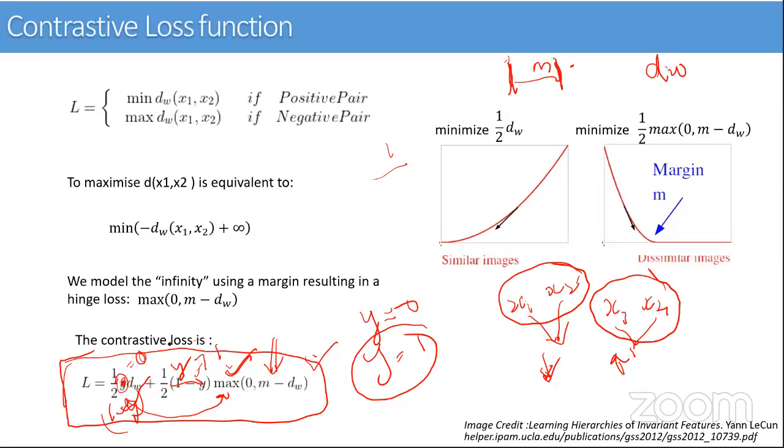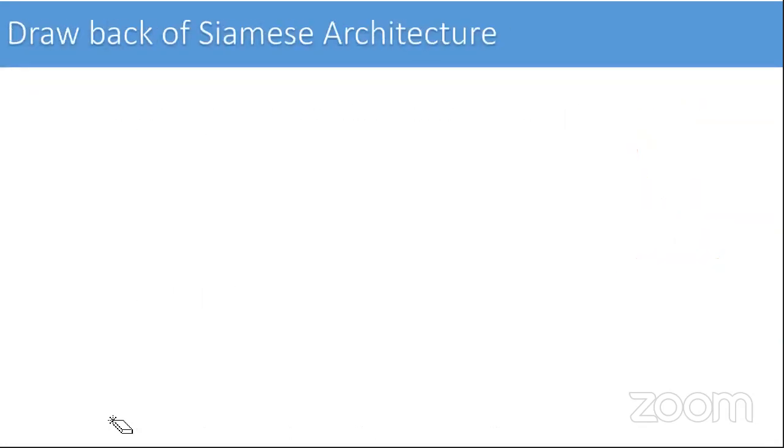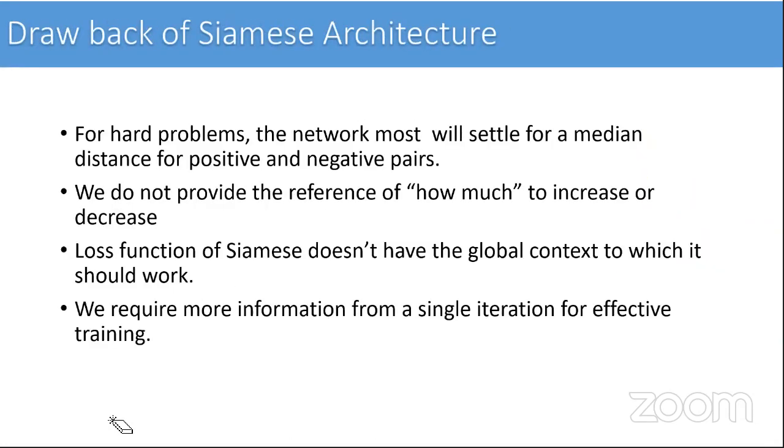Maybe for the first input, it's only taking this part of the loss function. For the second input, it's taking only this other part of the loss function, but it's not providing any reference from which it should maximize or minimize. Is my point making sense? So the Siamese network is losing the global context in which it should work.